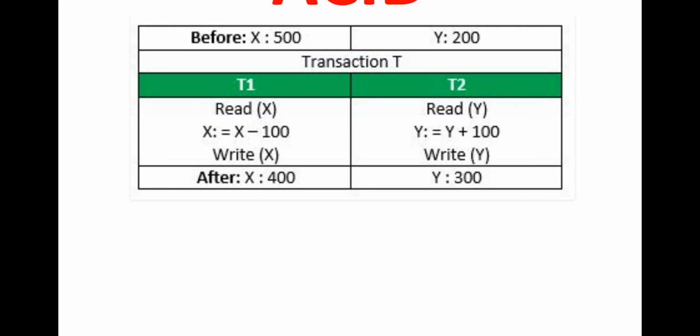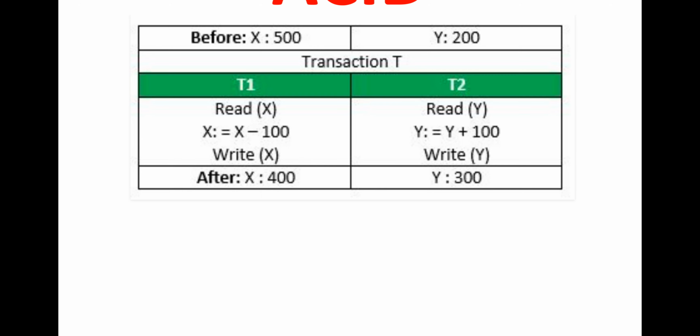So the total amount of balance in X and Y is 700. The balance before the transaction and after the transaction has to be the same. This is called data integrity.